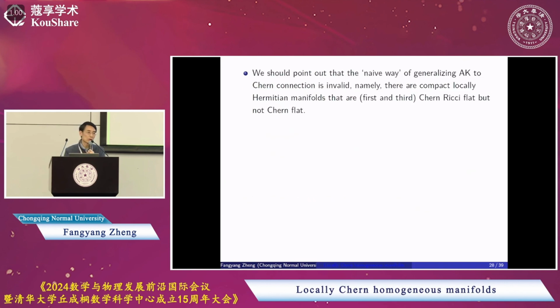So I should point out one thing. There is a naive way of generalizing AK to the Chern connection. Namely, if you require just locally homogeneous, then Chern-Ricci flat doesn't lead to flat. Okay, there are counterexamples. The reason is in the non-Kähler case, you have three different Riccis, right? So if you just want one of them to vanish, the other two may not vanish.